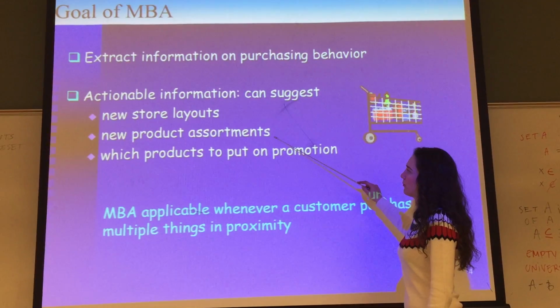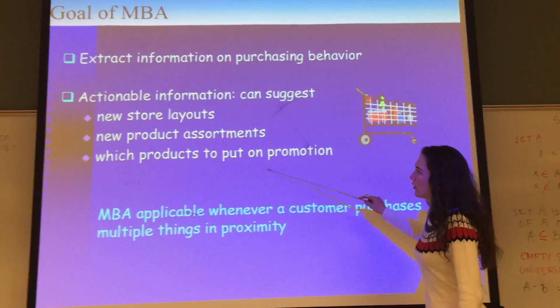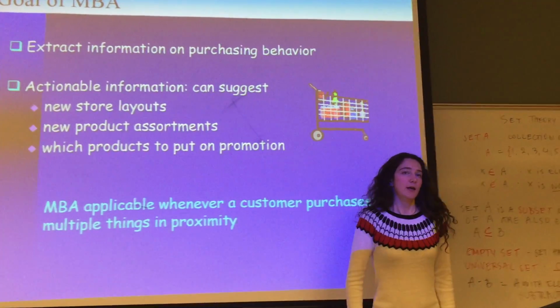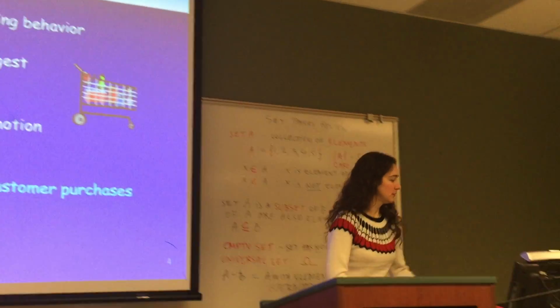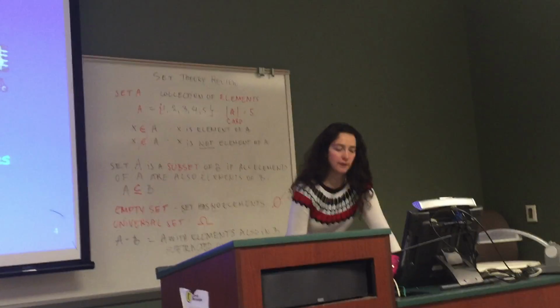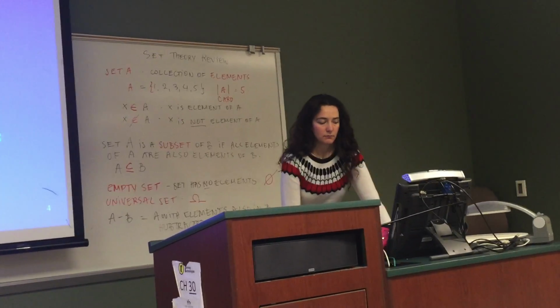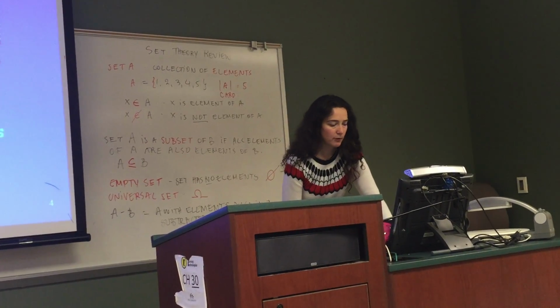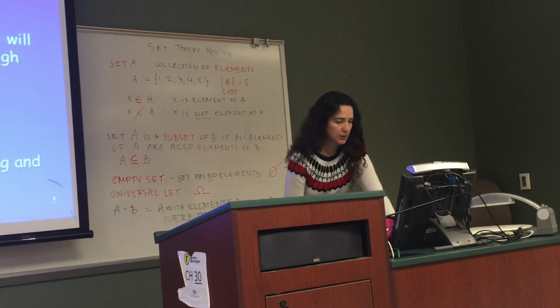It can be used for promotions, for issuing coupons to customers, and just for anything that would increase the profits of the particular grocery store or whatever goal it is that they're trying to accomplish.